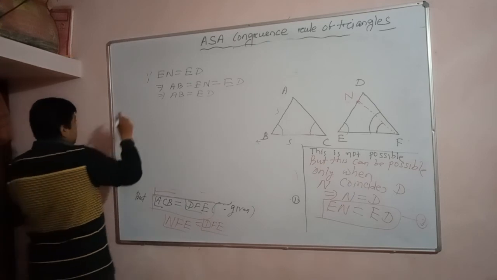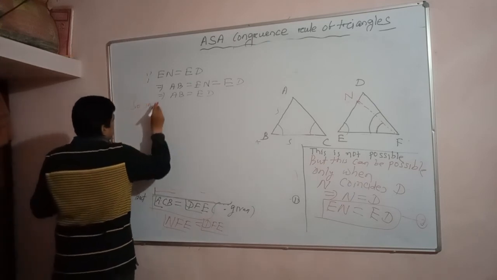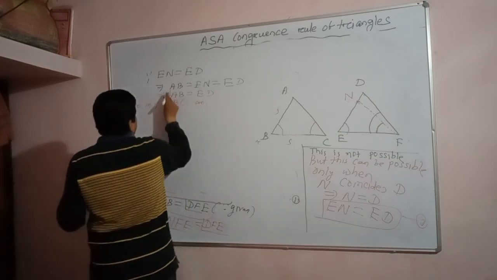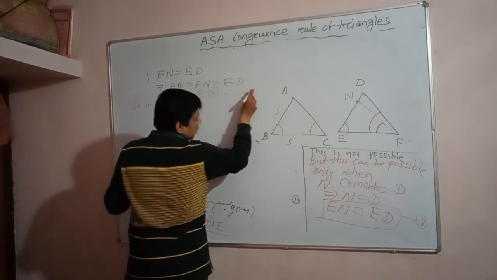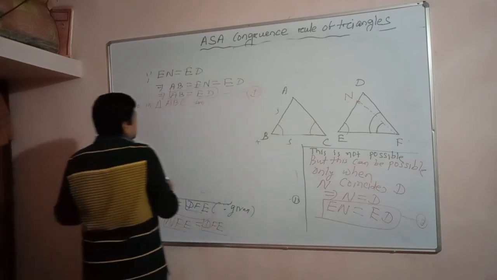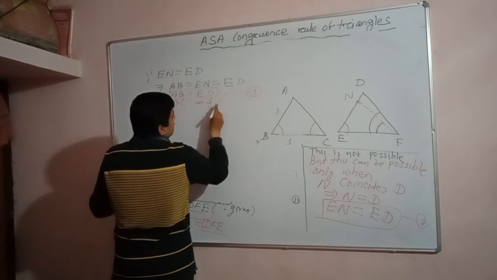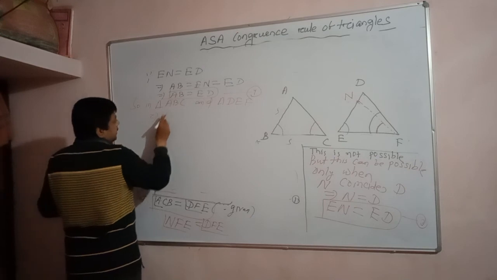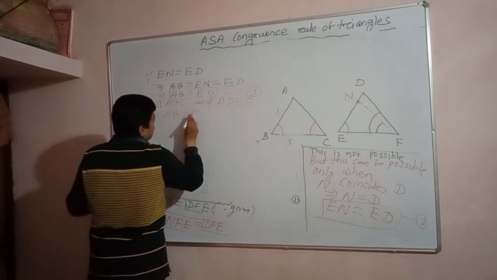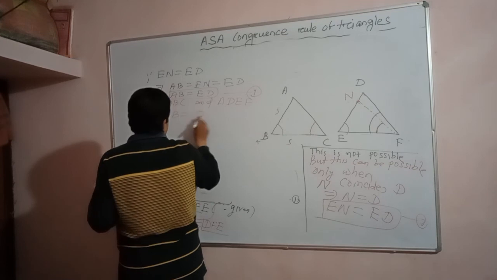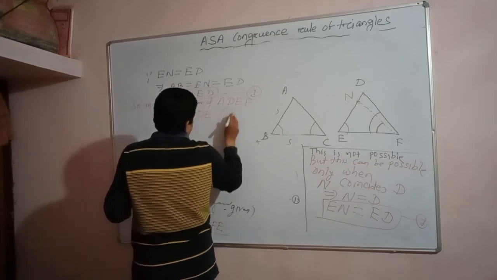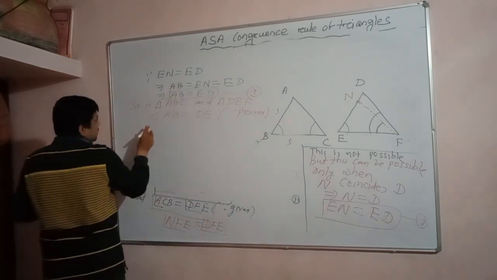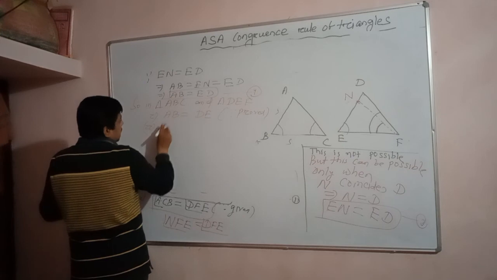So we got in triangle ABC, and mark this point equation number 4. Again, in triangle ABC and triangle DEF, we already proved the first point: AB is equal to DE. Already proved, same proof. Second point, what is the second point?